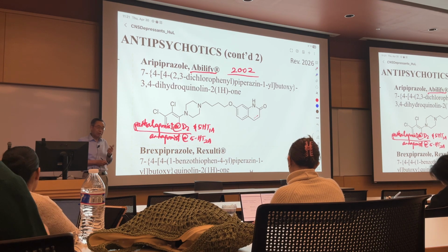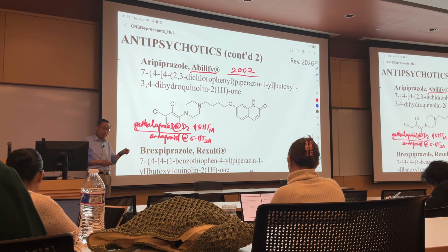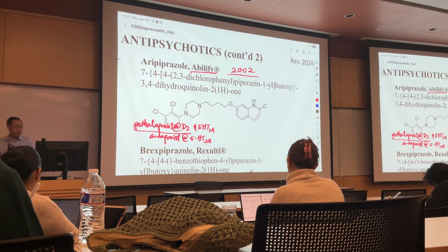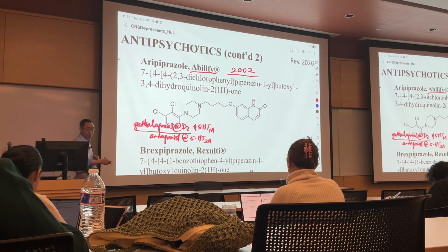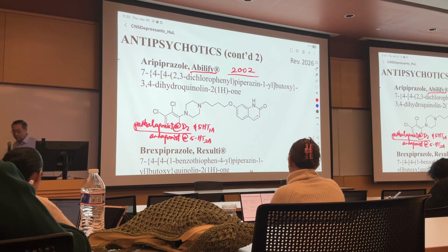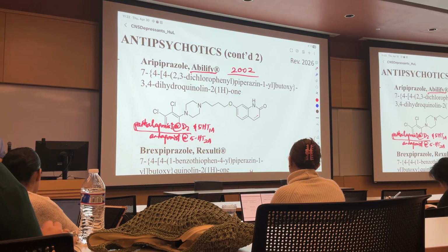Oxidation means you add oxygen to the drug or you remove hydrogen; if you add hydrogens to the molecule, that's reduction. So in this case, it can be oxidized to give you the dehydro metabolite, removing 2 hydrogens, and that's still an active metabolite. That's the drug brexpiprazole, with the double bond, which will still give you an active metabolite.